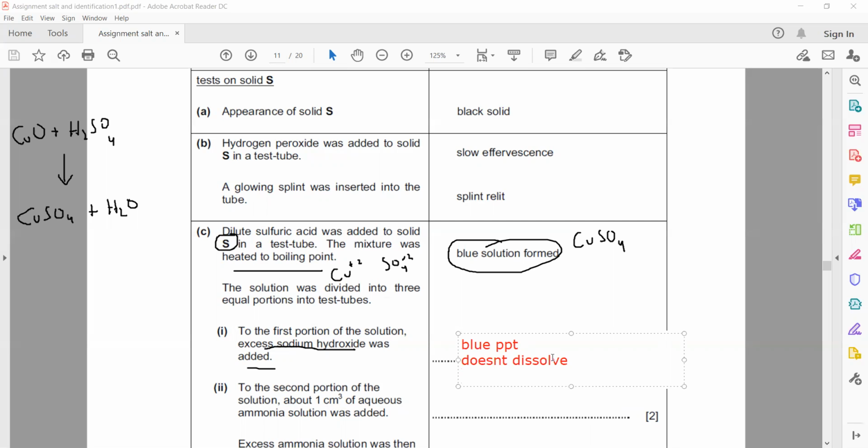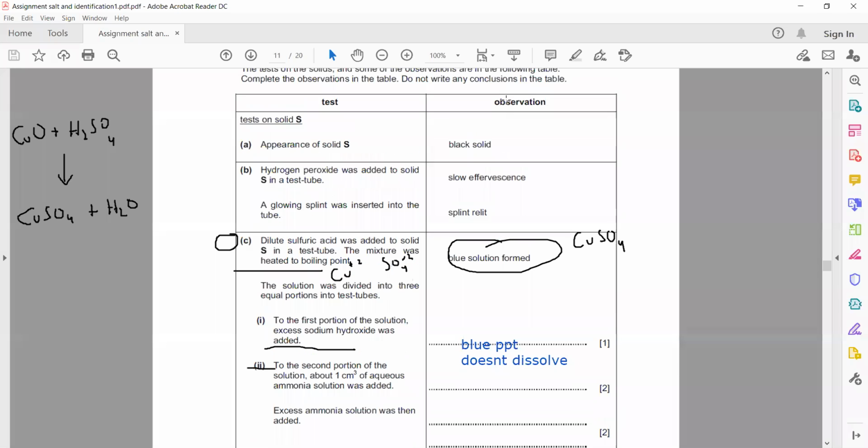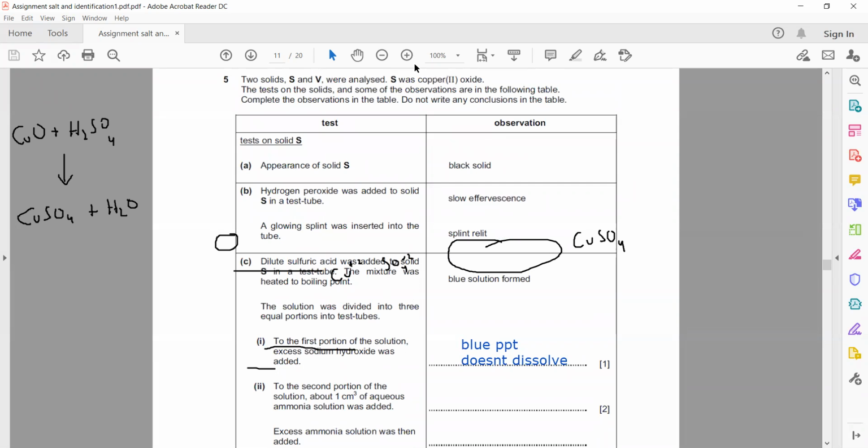So it will form a blue precipitate which will not dissolve in excess. And that's right, copper hydroxide, but you don't have to write the formula here until they ask. They did not ask to write the formula for the precipitate, so you will just mention the name.